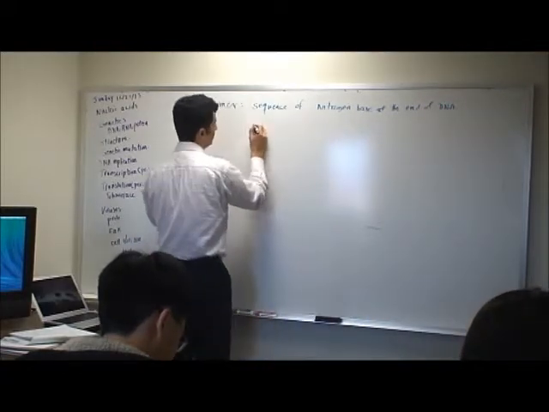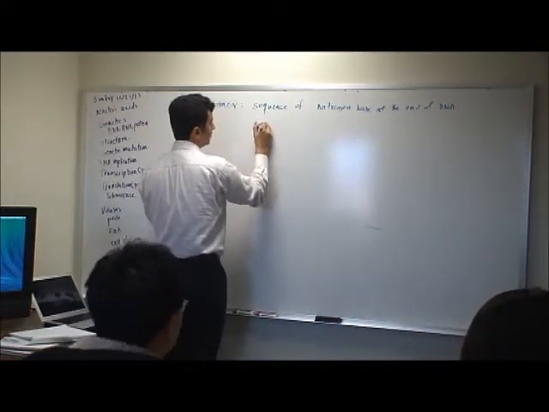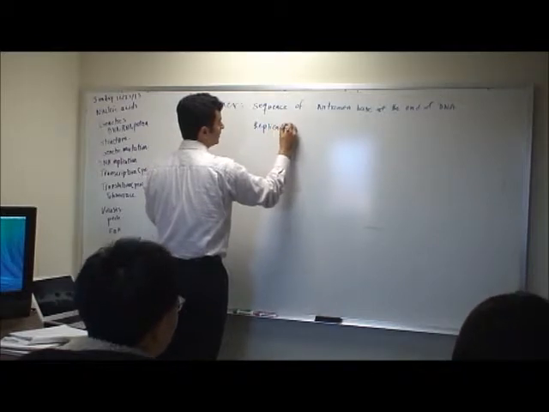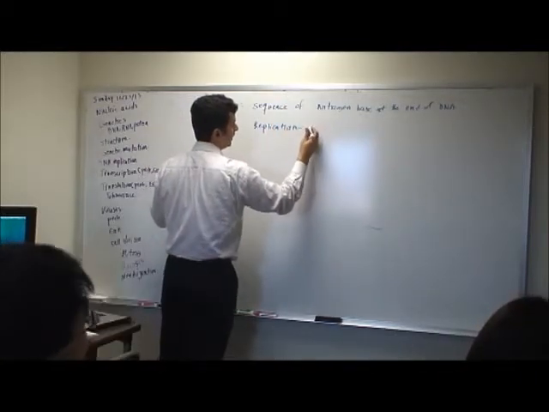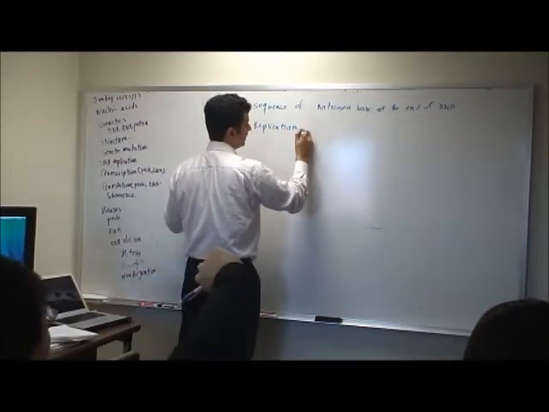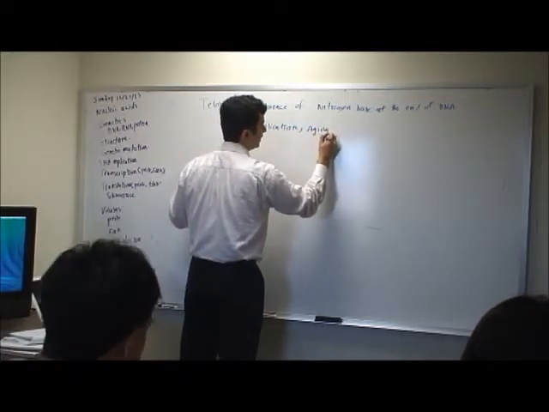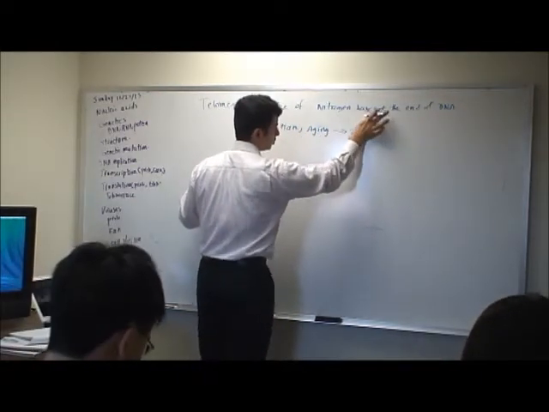Again, this is a telomere, and for every replication and aging, DNA gets shorter.